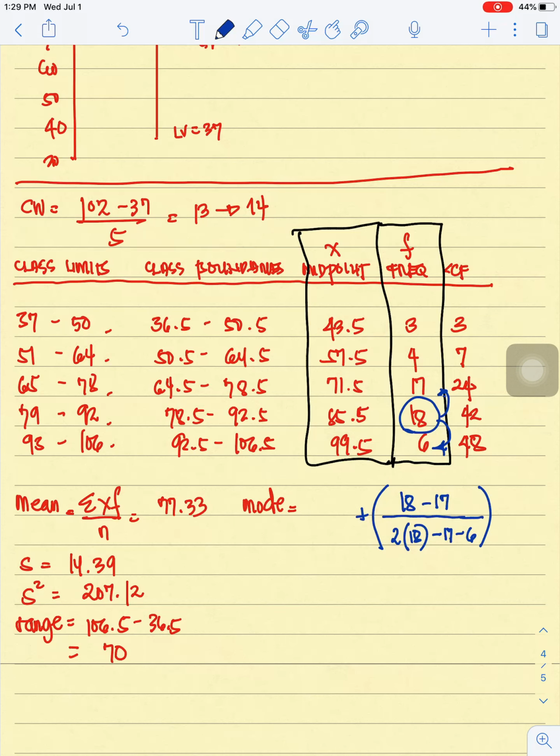Multiplied by the class width, that is 14, plus, of course, you are going to add this to the lower class boundary located at the row where the highest frequency is. We have there 78.5.